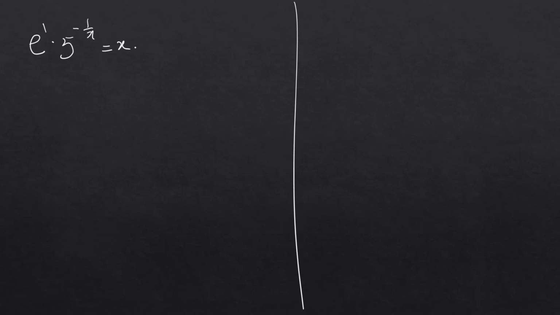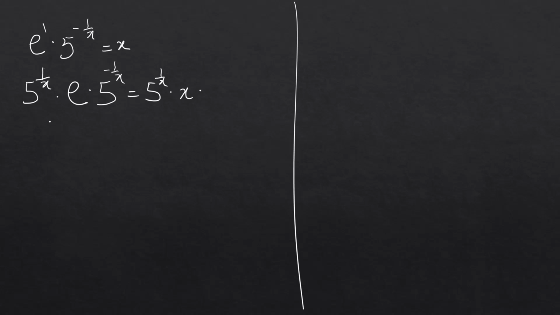Now, what I'm going to do is to multiply both sides by 5 raised to power 1 over x. So I'm going to have 5 raised to power 1 over x dot e dot 5 raised to power minus 1 over x is equal to 5 raised to power 1 over x dot x.